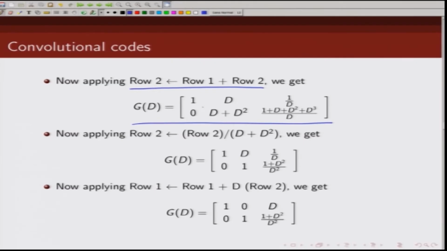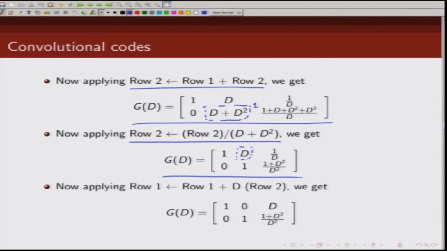Next, we would like to get a 1 here. How can we get a 1 here? We divide row 2 by this. So, we do this transformation that row 2 is row 2 divided by D plus D square, and once we do that, we get this. Next, we would like to get a 0 here, right. How do we get a 0 here?